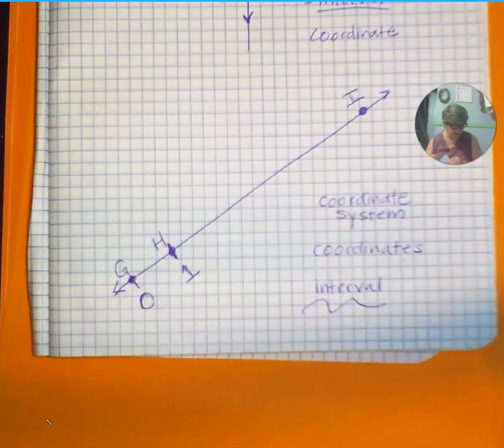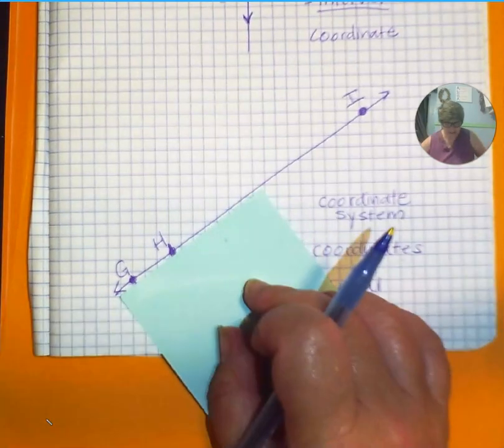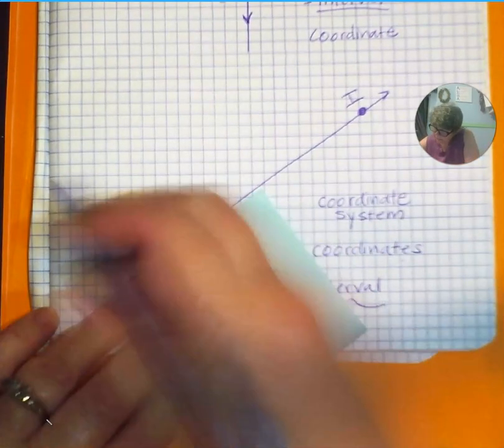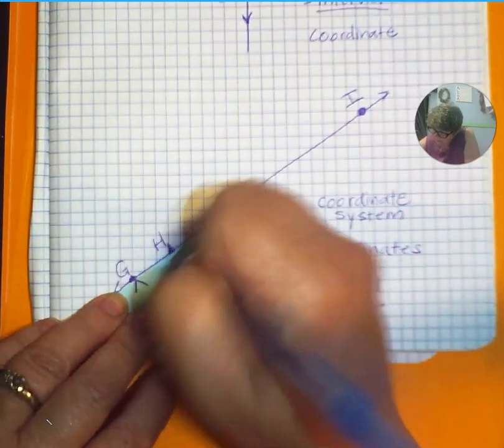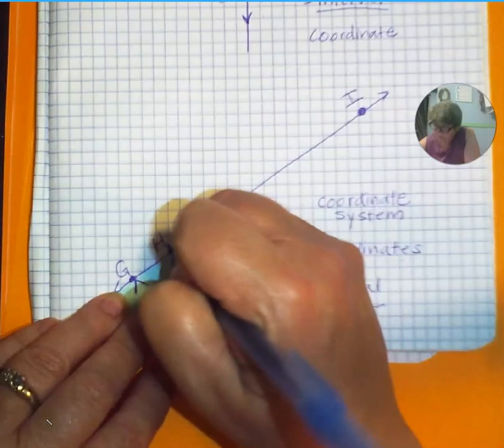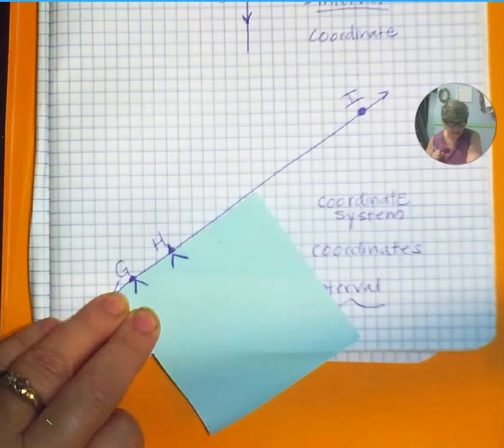And we are going to measure the length of the interval. Take your paper and lay it down right on the line and make these little arrow marks so that it points right to your G and your H.